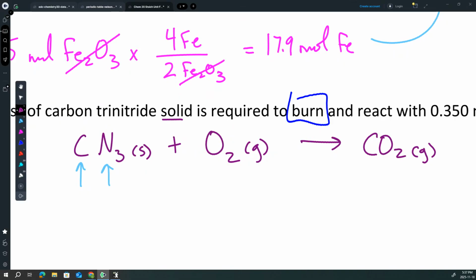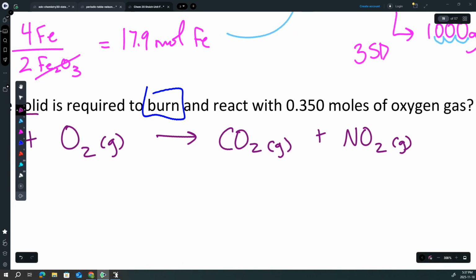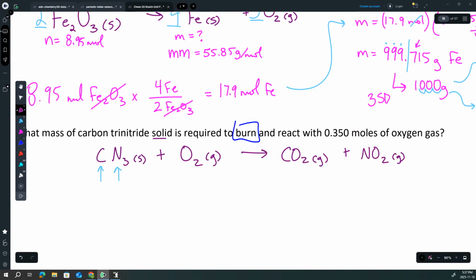And the most common oxide with nitrogen is nitrogen dioxide. So keep in mind you are going to have to know the most common oxides that oxygen forms with substances. You can go back to the video about combustion reactions to see what that would look like. Okay.